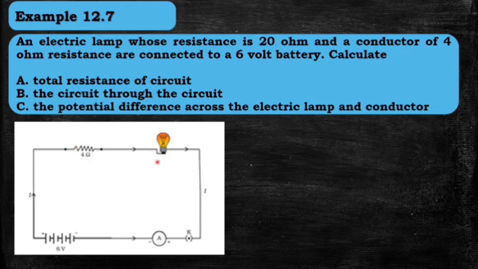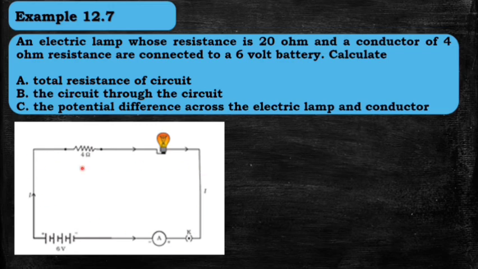The bulb will have its own resistance. The electric lamp has 20 ohm and the conductor 4 ohm. They are asking to calculate the total resistance of the circuit, the current through the circuit, and the potential difference across only the electric lamp.